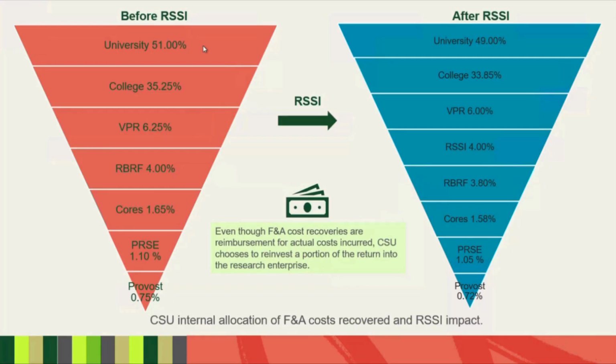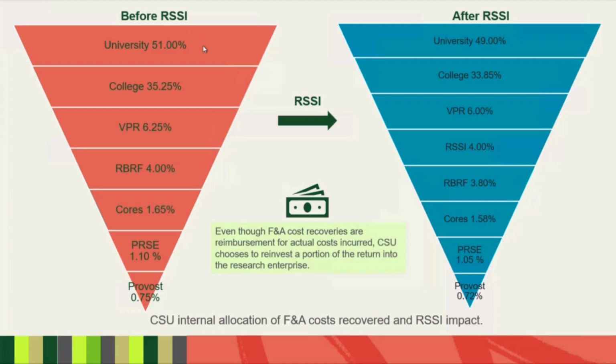So 51% of any indirect cost recoveries that we get go back to the university, back to the central office, to help pay for all the things that we talked about that are in that pool, right? The general administration, the buildings, the O&M, the maintenance, all that stuff.